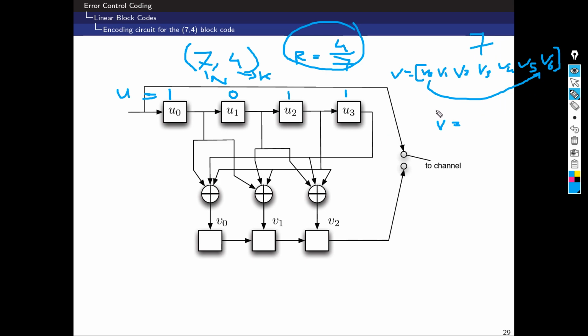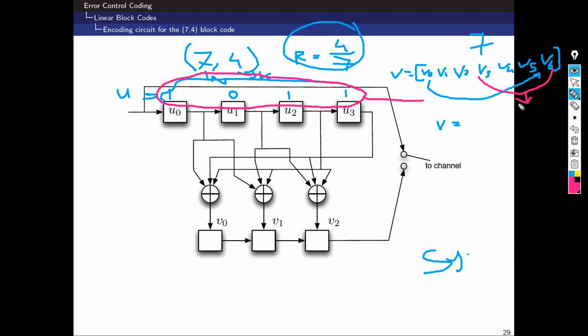If I tell you the block code we are using for error control is systematic, then you immediately take these 4 bits from the message, 1 0 1 1, and you put them at the output for these 4 values.